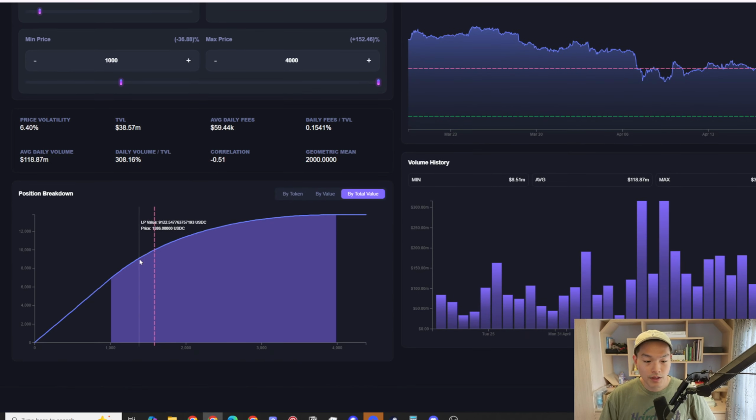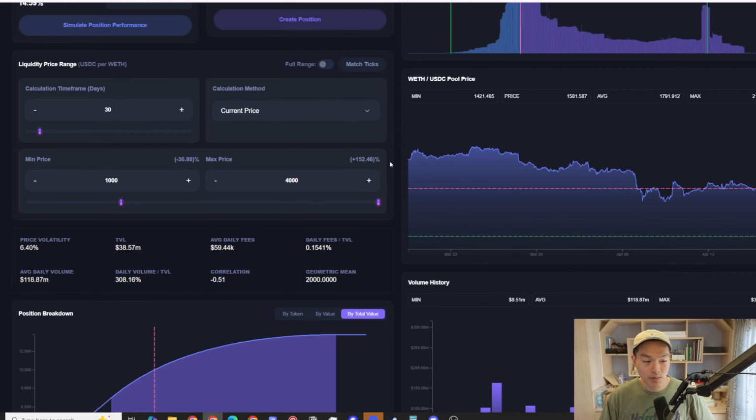You can see if the price moves to the upside, my pool is worth more than $10,000. And if I want to deleverage and pay back my loan anytime, I could do that at a US dollar profit.